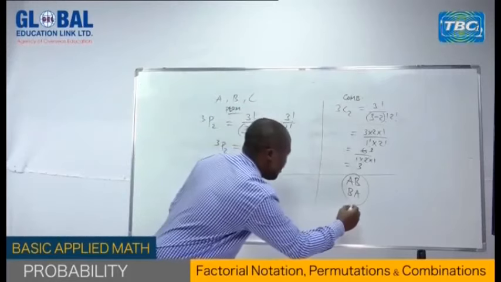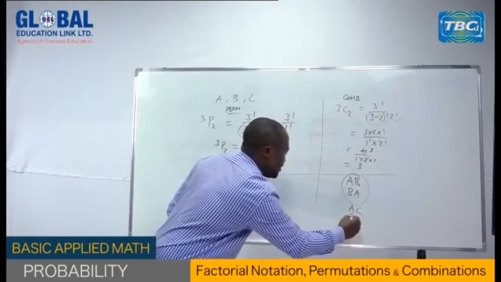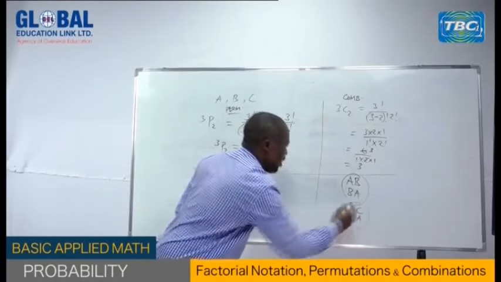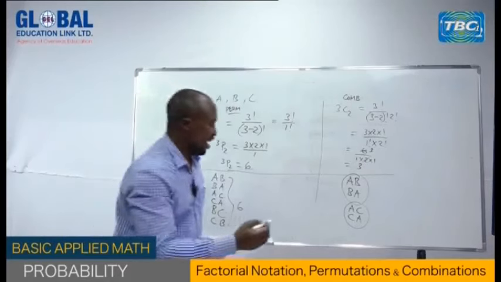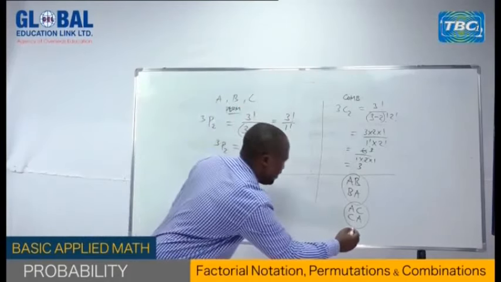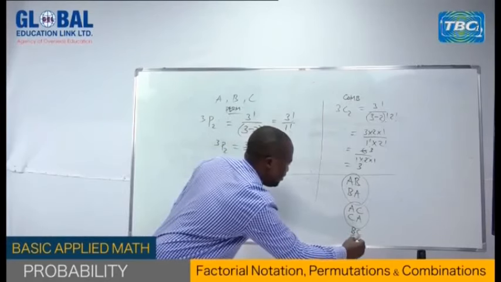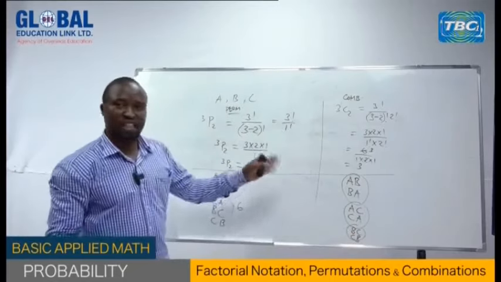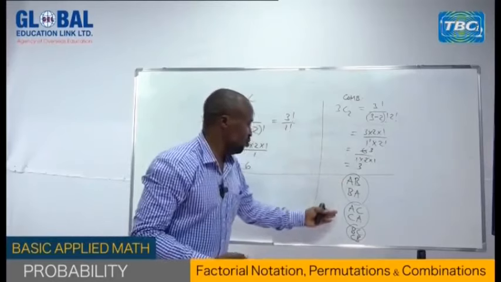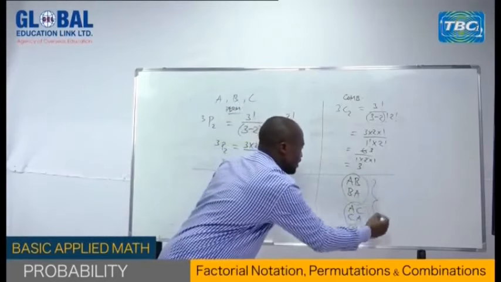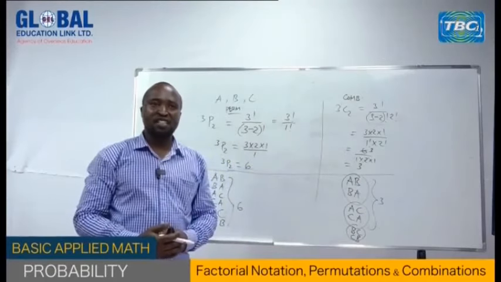And again, AC is the same as CA. Why? Because the order is not important in combination. And the last one is BC and CB. So now try to count what we have. We have 1, 2, 3. So we end up with 3 items, which is the same as the 3 we got by using the general formula.